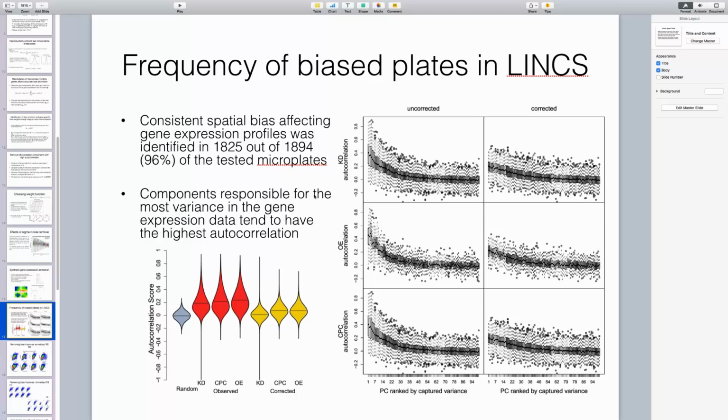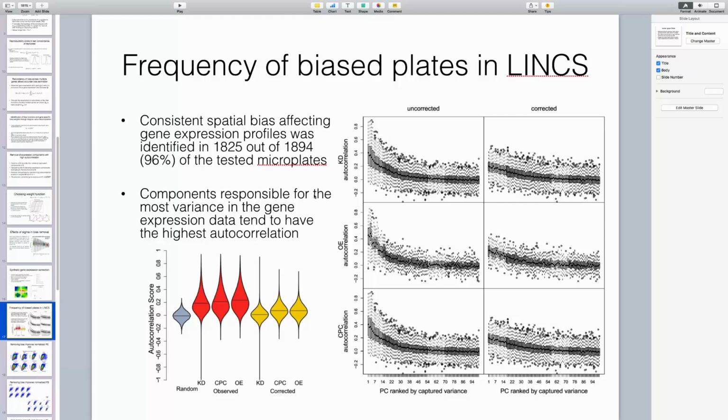different biases? So what I show in the plot on the right is basically all the principal components ranked from highest variance to lowest variance captured, and it's only the first 100 principal components. And on the y-axis, I show the autocorrelation distribution of those first principal components for all the plates that we analyzed.